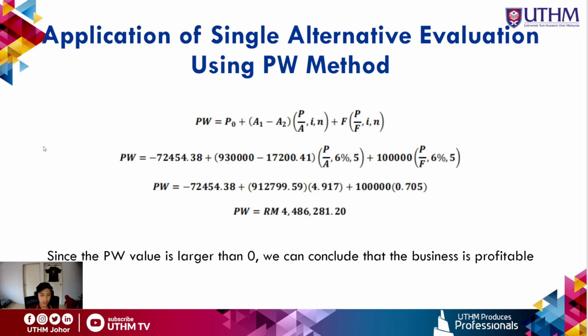After we substitute the values from the cost revenue estimation table above, we get that the present worth is 4,486,281.20. Since the PW is larger than 0, we can conclude that the business is profitable.